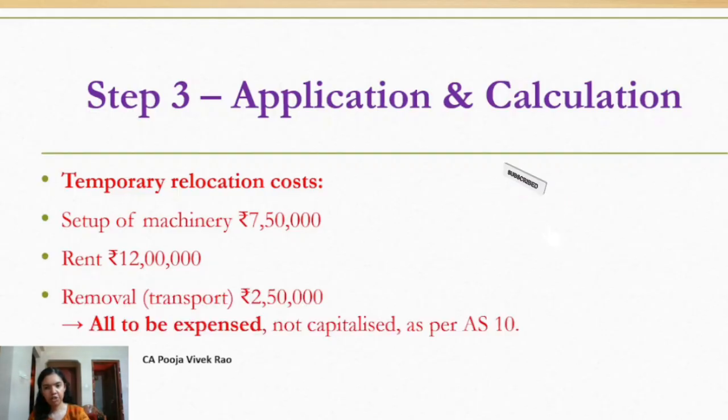So as per the provisions of this standard which we saw in the previous slide, cost of temporary relocation or expenses of revenue nature cannot be capitalized. These should be charged to P&L account. Hence, these three costs, that is setup of machinery, rent, removal, etc. All of these have to be expensed and cannot be capitalized as per AS 10.